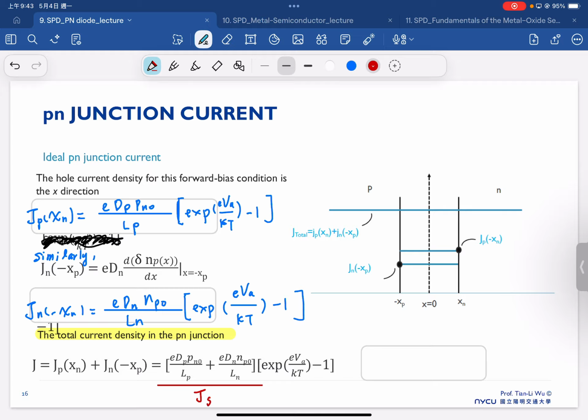Where Js is equal to E dp Pn0 LP plus EDN NP0 Ln.